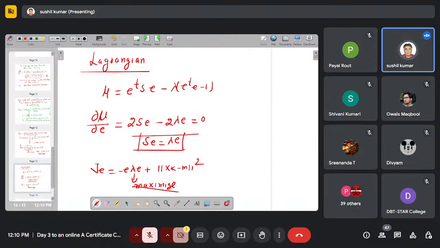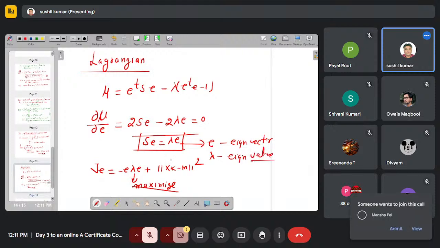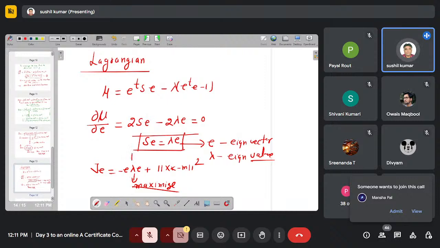You need to maximize it. In this case, e is an eigenvector of S, and lambda is the eigenvalue. Here also lambda is the eigenvalue.